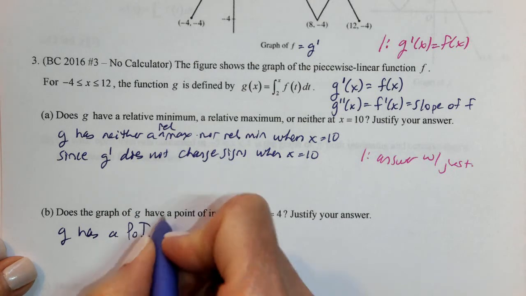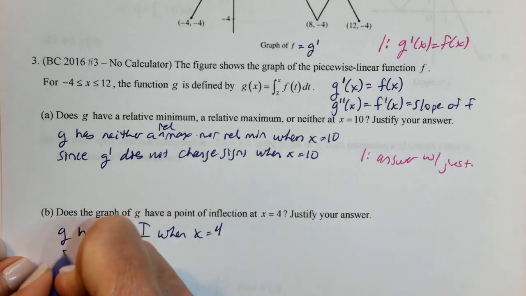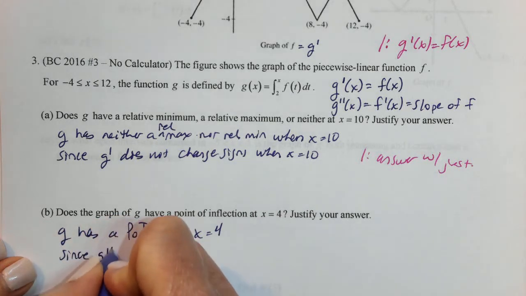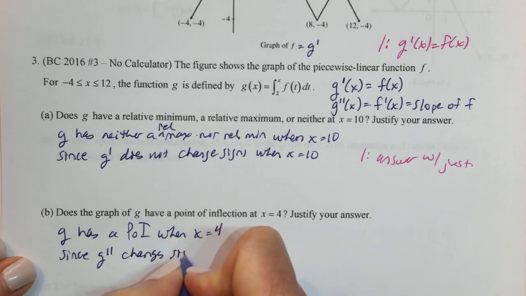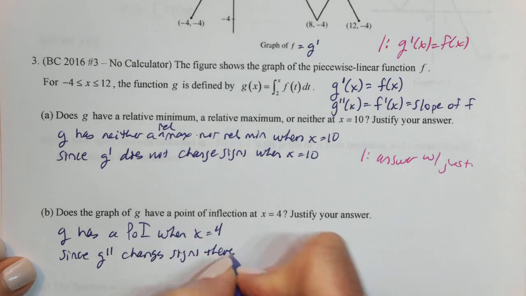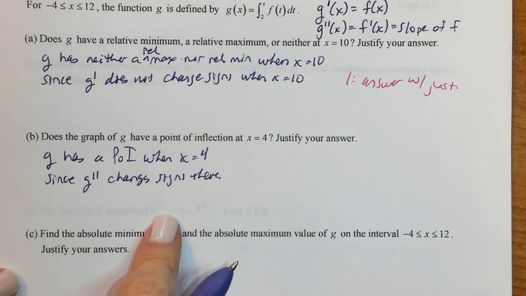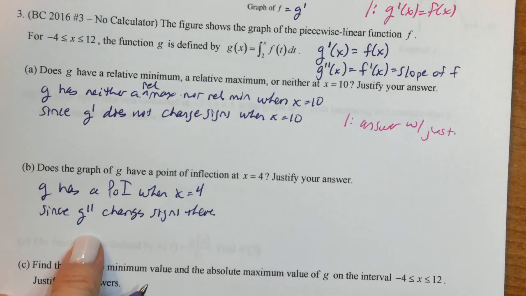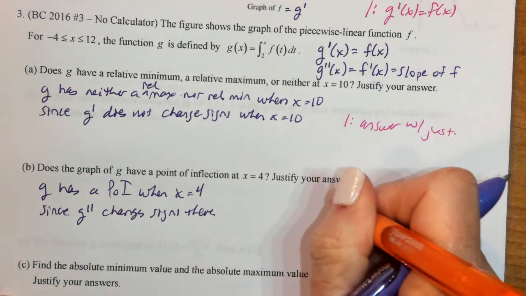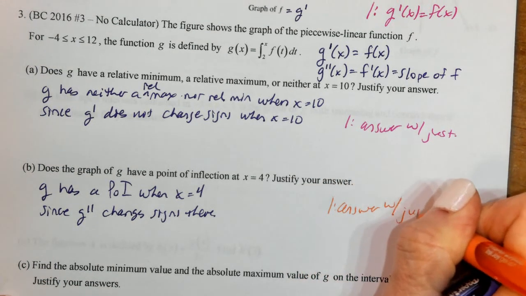You would write that out: when x is equal to 4, since G double prime changes signs there. And I've already said what G double prime is, so I don't have to state it here. If I had not stated this, I would have had to state it here. Okay? That was worth just 1 point, answer with justification.